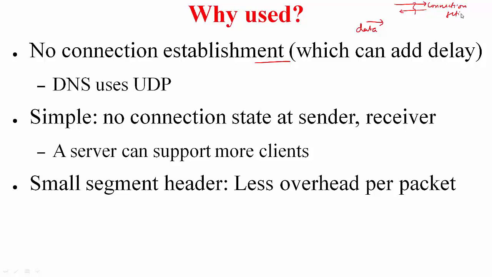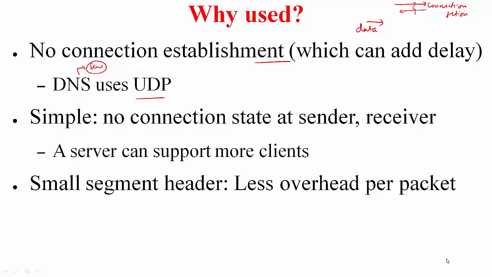When you don't have any connection establishment, as in UDP, you can save on time. For example, DNS uses UDP because the DNS packets are very few. So just to send a few packets, you don't want to send additional packets to establish connection. That will increase the DNS response time.